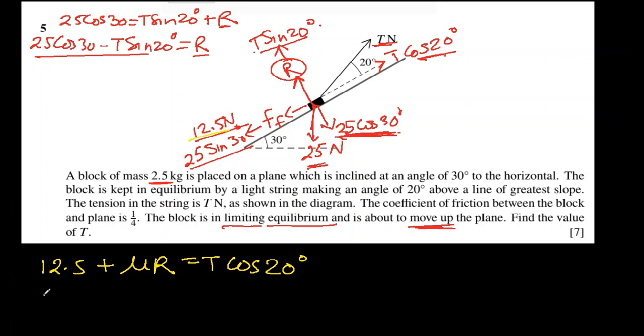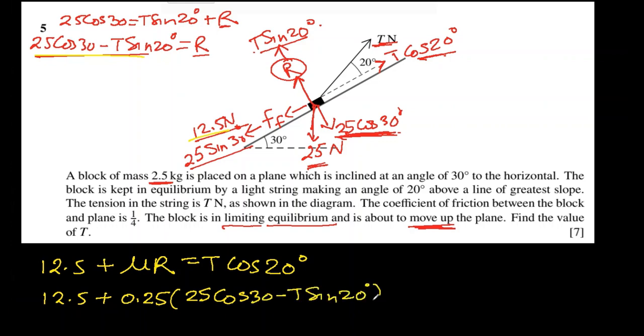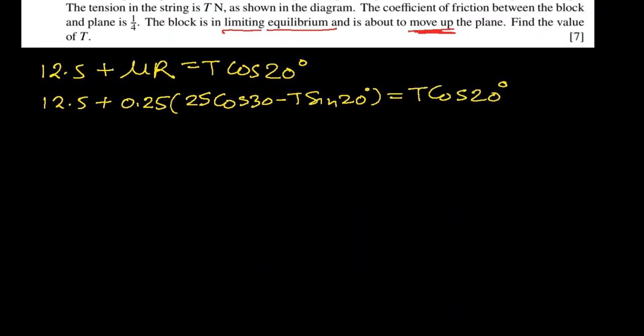So let's put the value of mu, which is 1/4, 0.25. R we just found out, 25 cos 30 minus T sine 20, is equal to T cos 20. And now let's put the values of all of them and we'll get T, because T is the only unknown here.